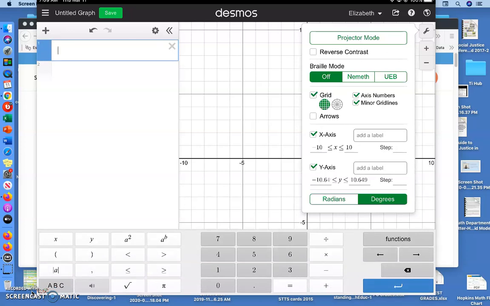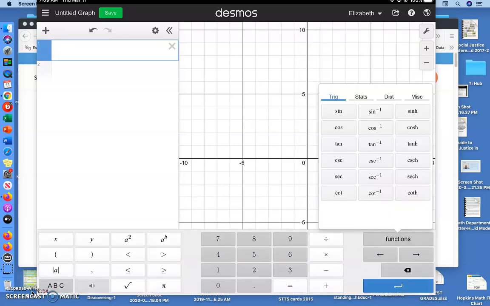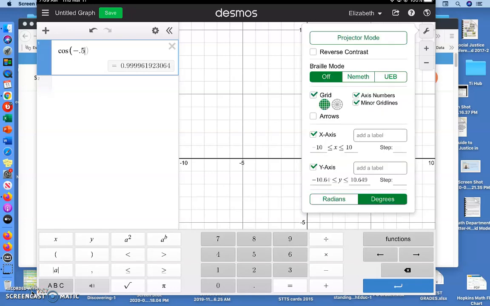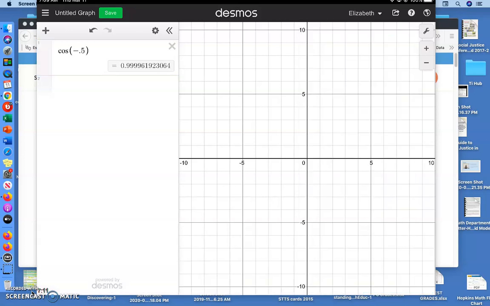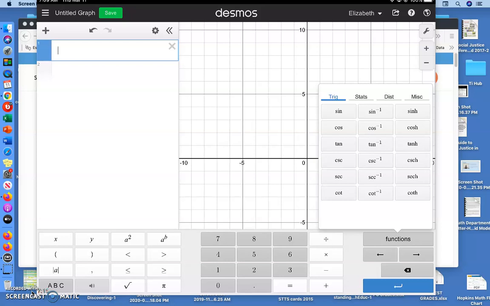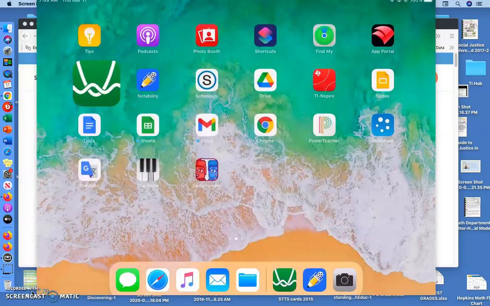Functions, cosine inverse of negative 0.5, and we get 0.99. Doesn't seem quite right. Oh, because I didn't do the inverse cosine. That didn't look like an angle. So cosine inverse of negative 0.5, and we get 120.